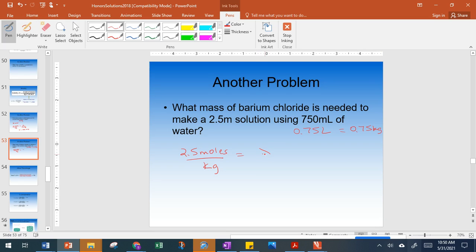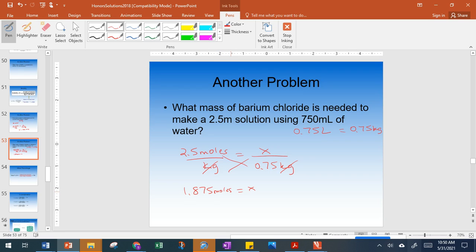First we have to solve for moles, so if we cross multiply, we get 2.5 times 0.75. That gives us X is equal to 1.875 moles.